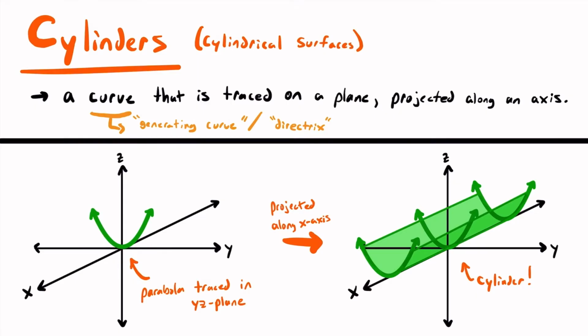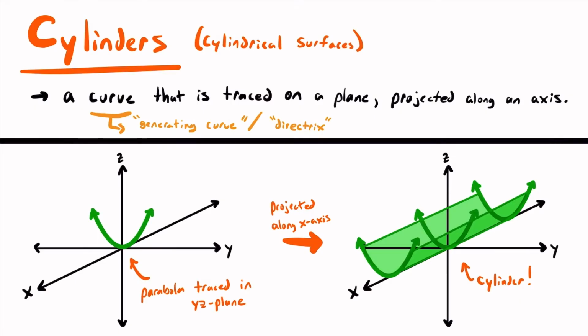We don't draw everything because you really couldn't, it would extend forever. And so that's what's going on here. I drew a couple projections of that parabola along the x-axis and connected them to form this cylinder. However, it would extend forever in each direction along the x-axis, and it would extend forever in the direction of the arrows of the parabola.